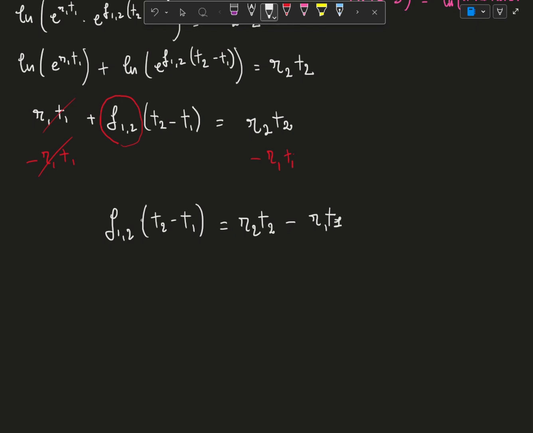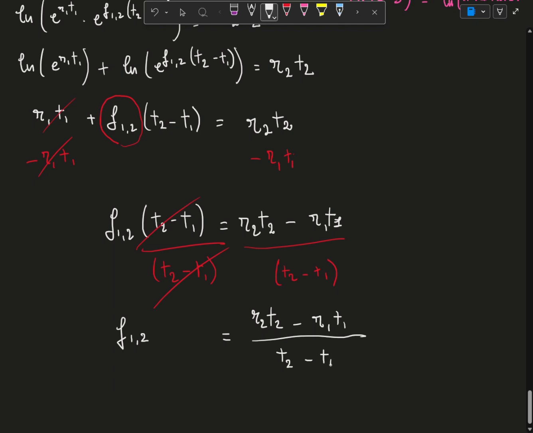To isolate F12, we divide both sides by T2 minus T1, and these cancel each other out. We finally have the formula to compute the forward rate between period 1 and 2: F12 equals R2 T2 minus R1 T1 over T2 minus T1.